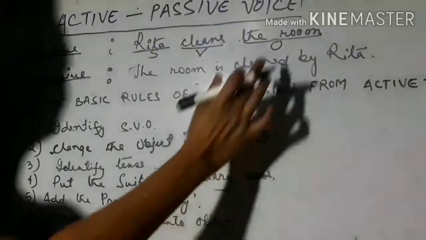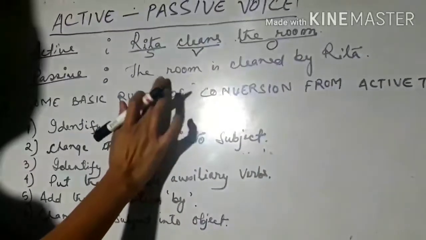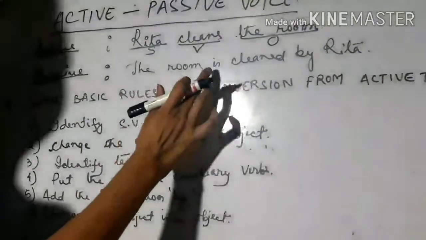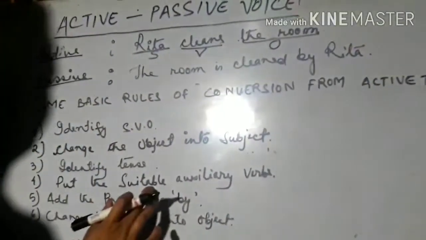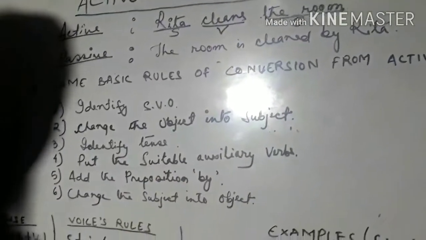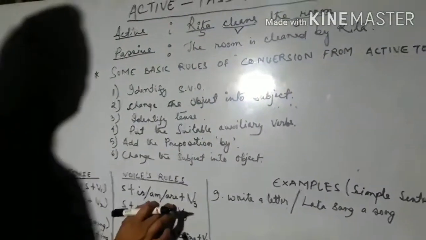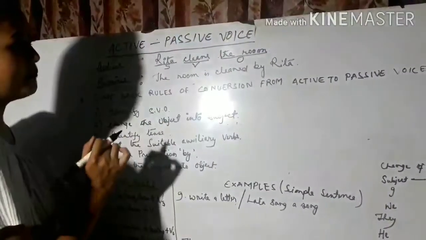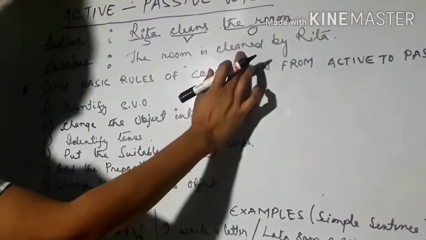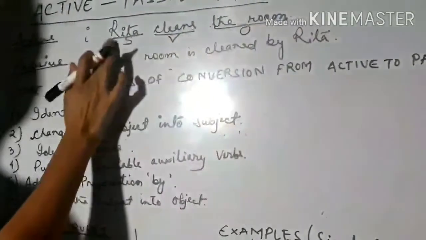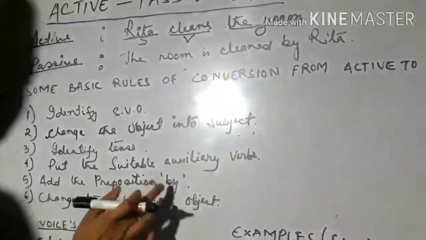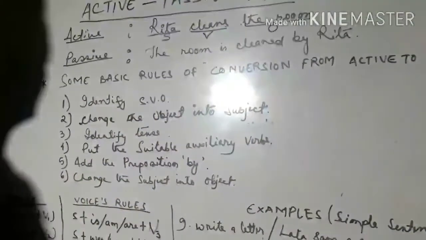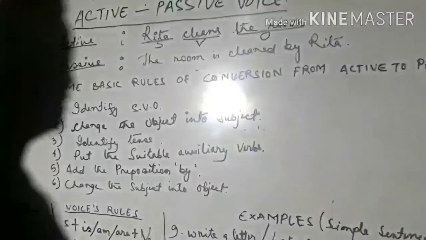Then we need to put a suitable auxiliary verb according to these tense rules, singular or plural. The verb clean changes to B3, followed by 'by Rita'. The subject of the active becomes the object.